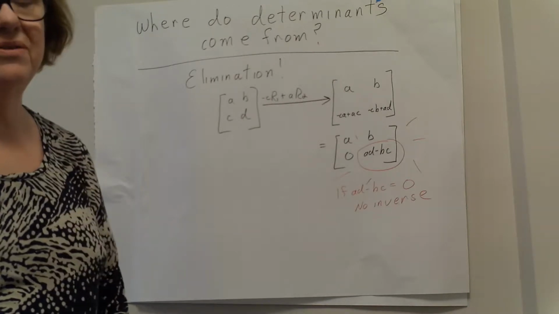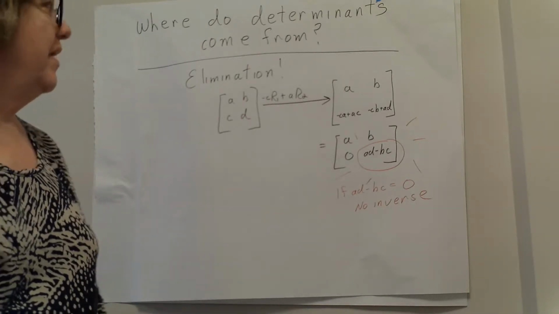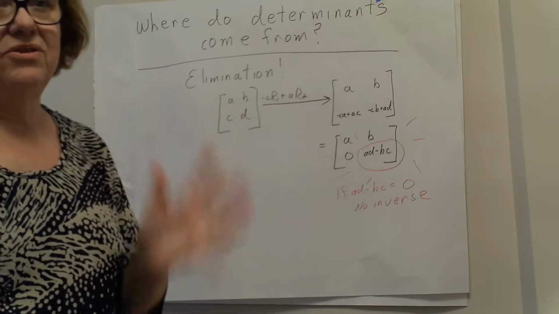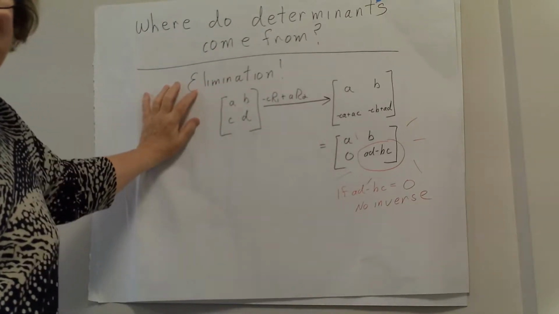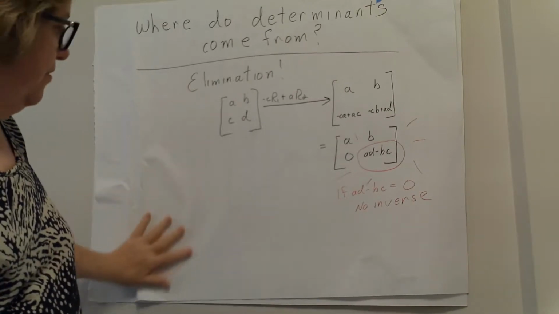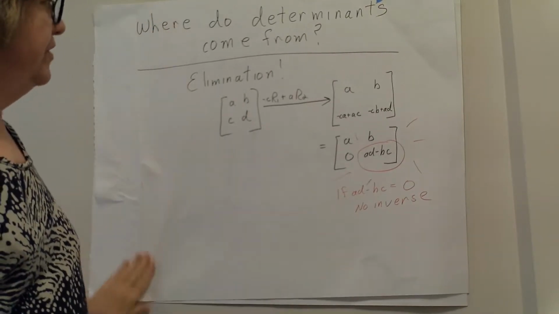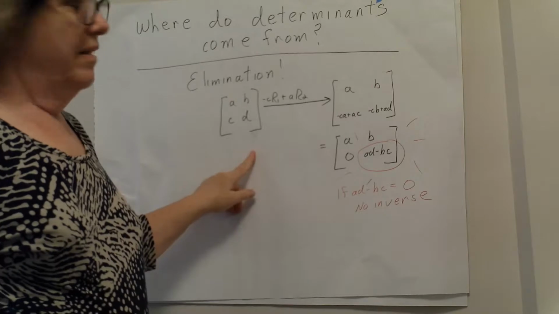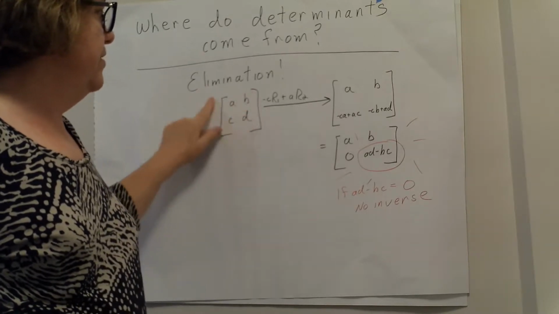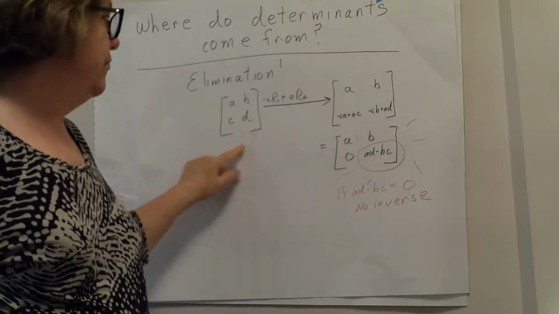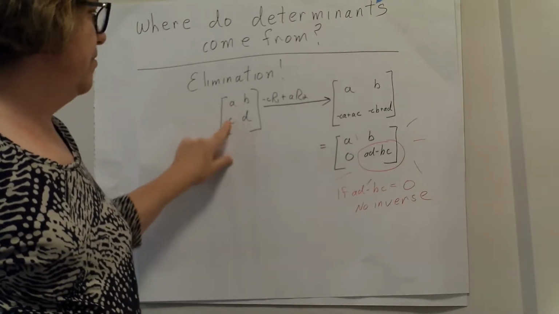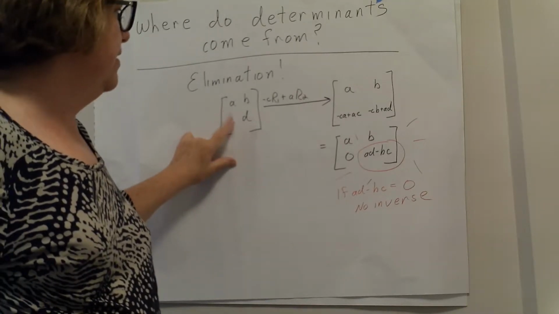Where do determinants come from? Well, actually, you can show that they're important because of our good old process, we always come back to this, of elimination. So remember, when we do our usual Gaussian elimination, the first step we want is to zero out this entry right here.